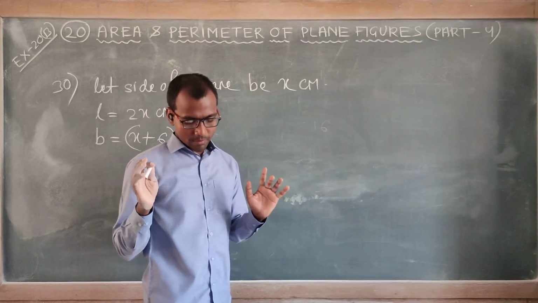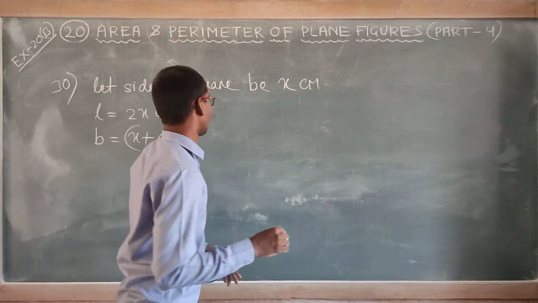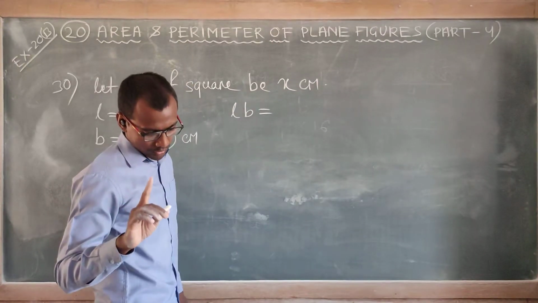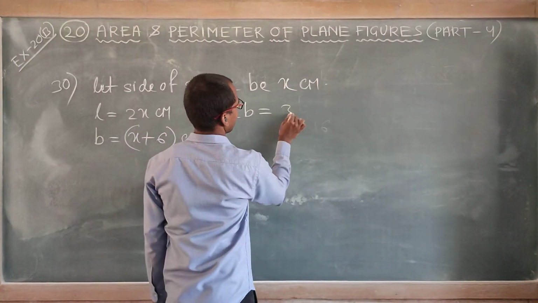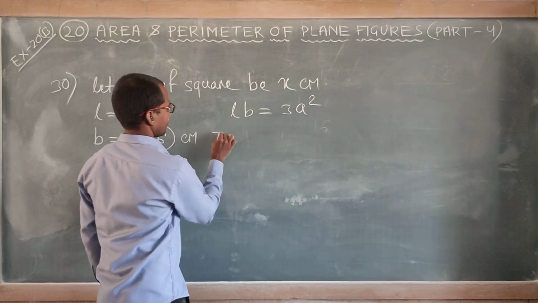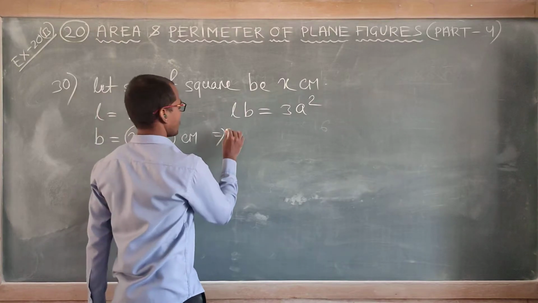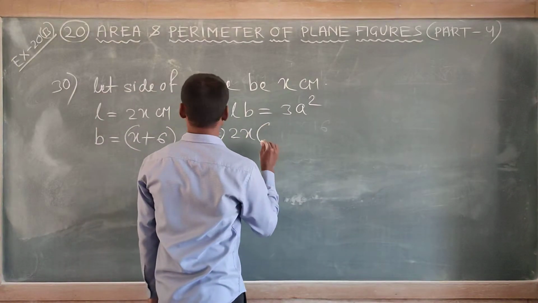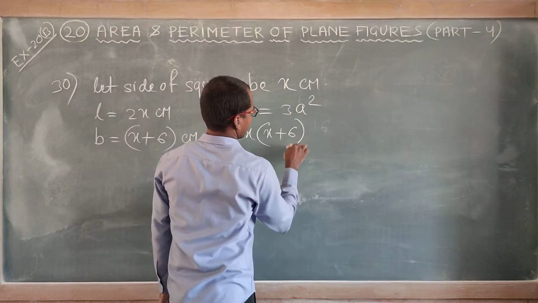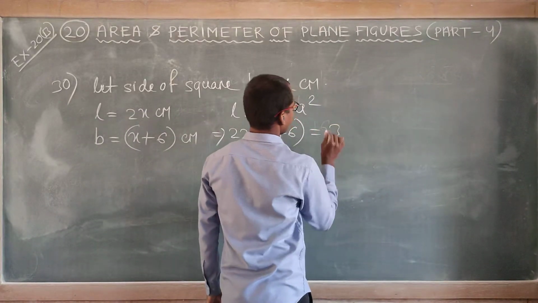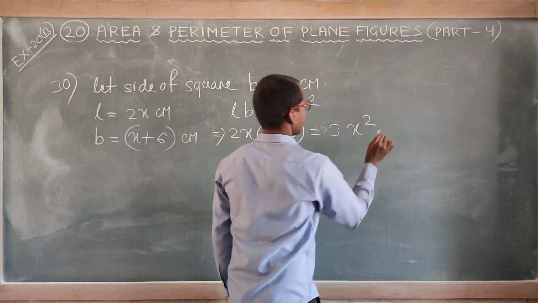The relation between area of rectangle and square is given. Okay, so area of rectangle means LB is equal to 3 times the area of square, 3a square. This is given. Okay, so let us put value 2x whole into x plus 6 into breadth is equal to 3a square. A is x, 3x square.